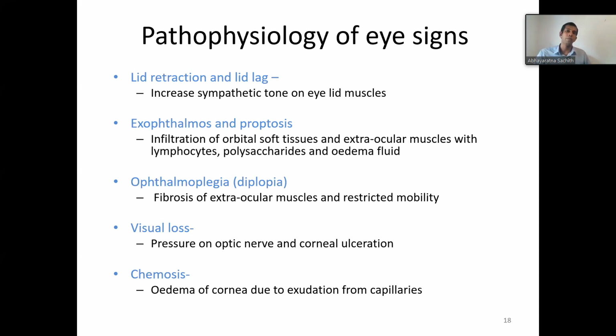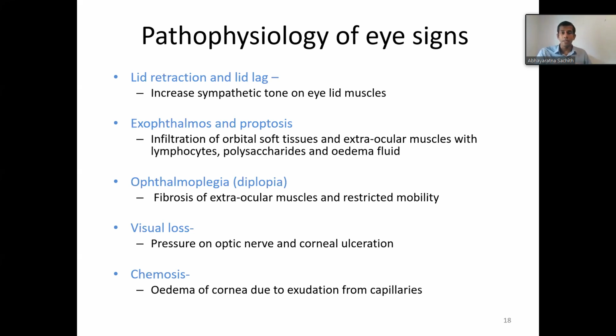But the others, like exophthalmos, proptosis, ophthalmoplegia, chemosis, and those kinds of eye symptoms, are mainly seen in Graves' disease. So if you identify eye disease like exophthalmos, proptosis, ophthalmoplegia with hyperthyroidism, you fairly know that it's most likely to be Graves' disease.